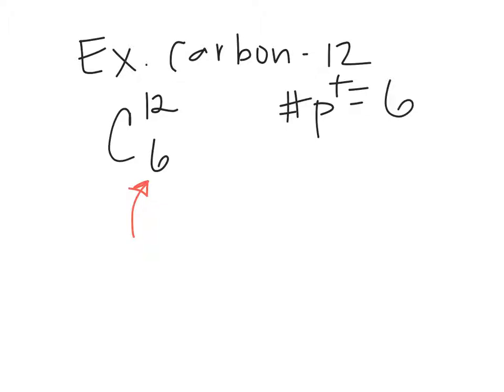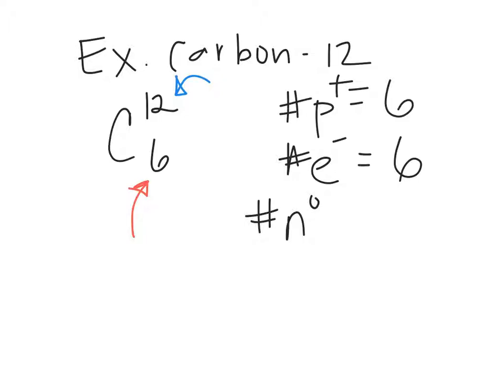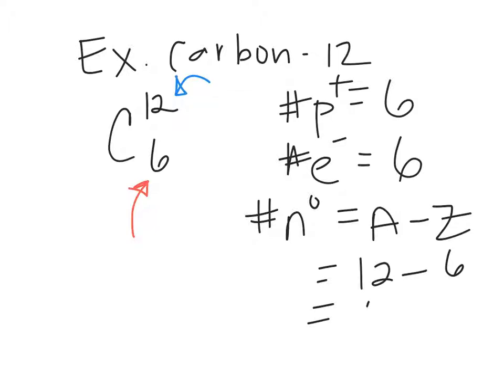And since the number of protons is equal to the number of electrons for a neutral atom, the number of electrons is also 6. Then we can use our mass number, which is 12, to get at the number of neutrons. And we know that that's going to be equal to A minus Z, mass number 12 minus atomic number 6. So that gives us a total of 6 neutrons for carbon-12.